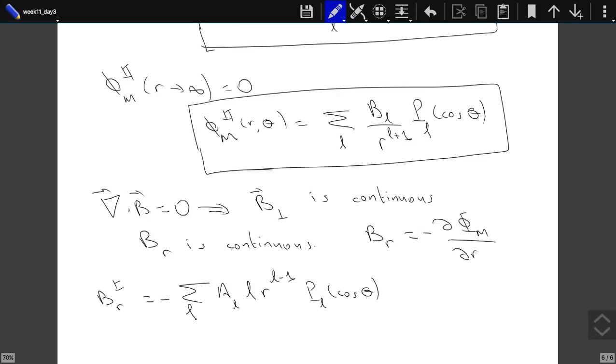I can also calculate the radial component of the B field outside my sphere. The potential outside my sphere is given by that expression. Just take its derivative, multiply by -1, and you get L plus 1 times B_L over r^(L+2) times P_L of cosine theta.